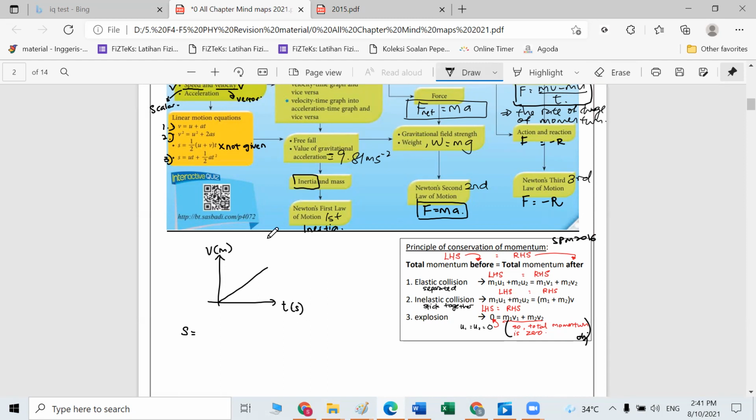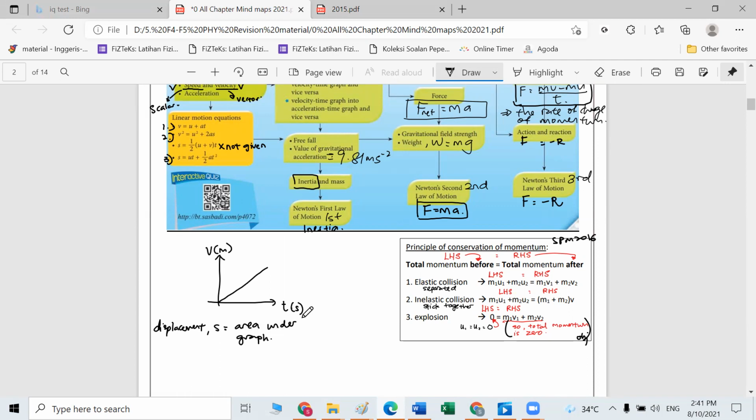You can draw this up. Then tell me how to find displacement. Smita and Kaian, tell me how to find displacement. Yeah, Kaian, correct. It's area under graph.